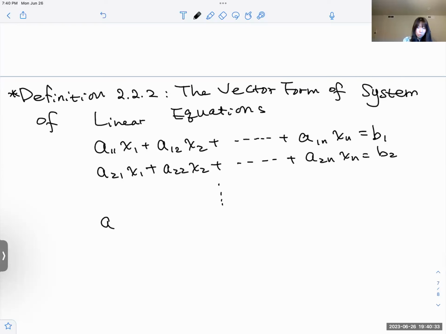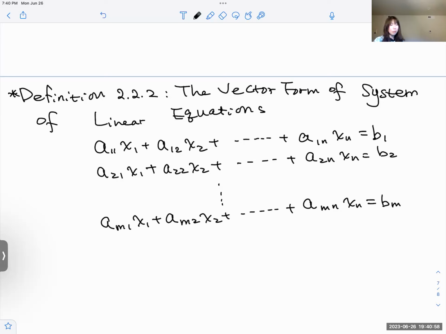Then the last row, am1 x1, am2 x2, and amn xn equal to bm. So that is a system of linear equations, right?